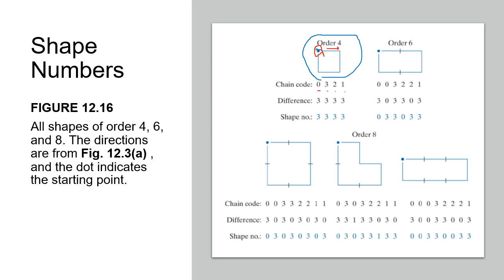Now if we look at the difference between 0 and 3, then we know that the difference is 3. So I will draw again here, this is the direction for 0, 1, 2, and 3.